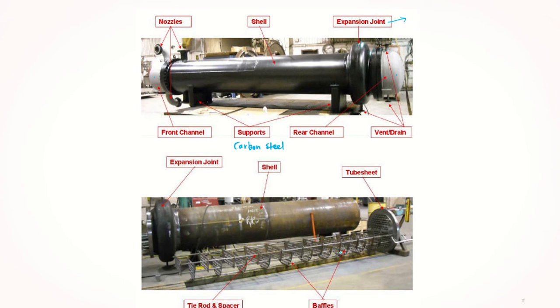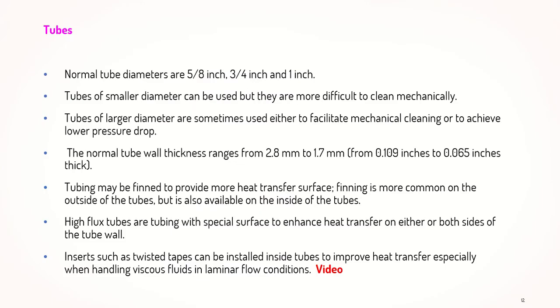So this would be the baffles, and this would be the tube sheet at the end, at the rear of the baffles. So tubes, the normal tube diameters are usually 5/8 inch, 3/4 inch, and also 1 inch.